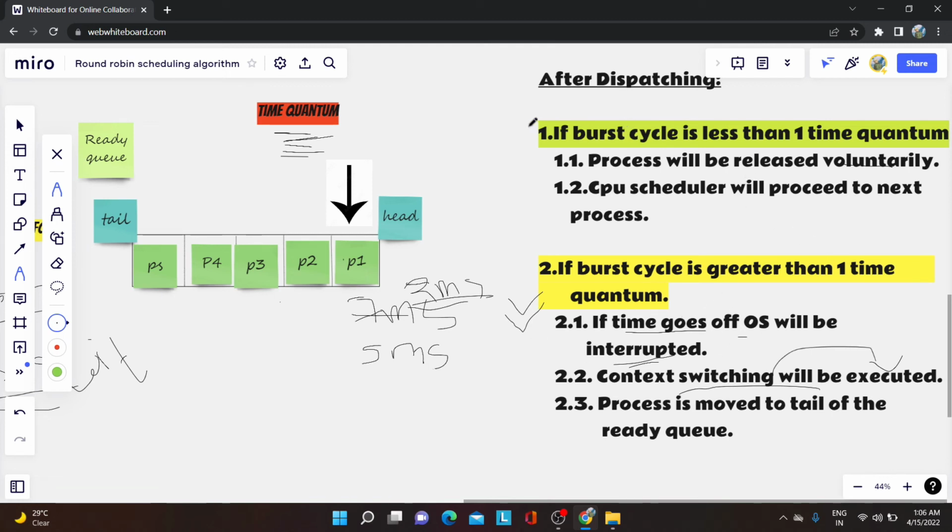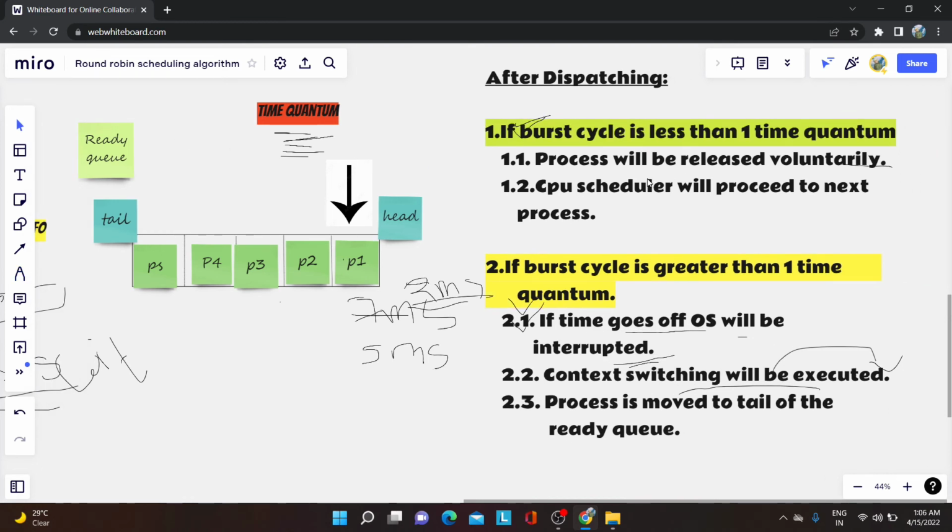We have to see the first case then. What happens if it is less than one time quantum? After executing the process, which is only 2 milliseconds, we won't be needing 5. After executing the first process completely, the CPU scheduler will proceed to the next process, and it won't be coming to P1 again.